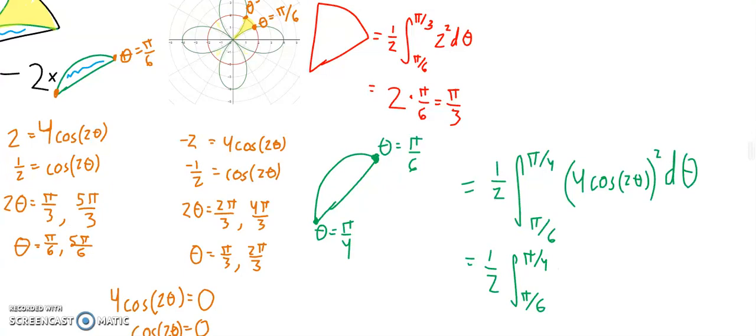My 16 from the 4 squared, I'm just going to write out in front here. 16 times a half is 16 halves, cosine squared 2 theta.